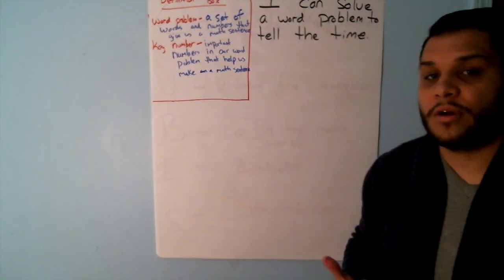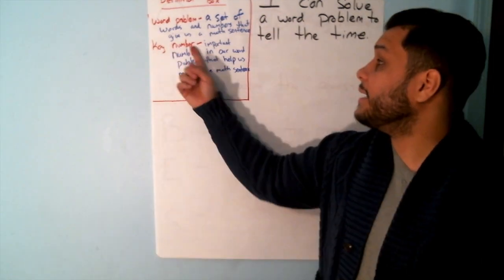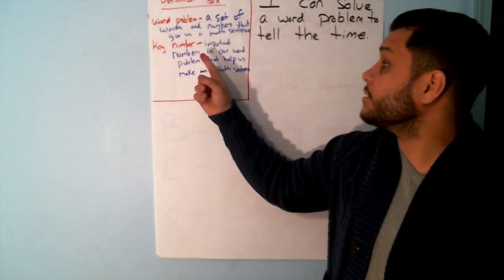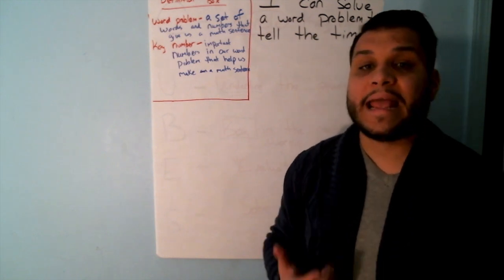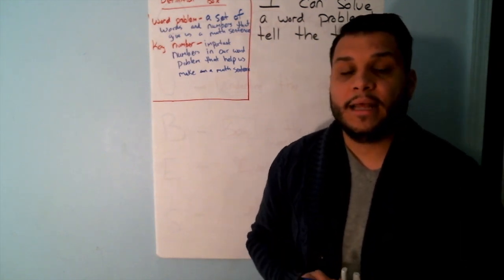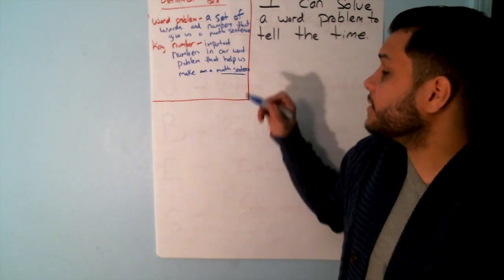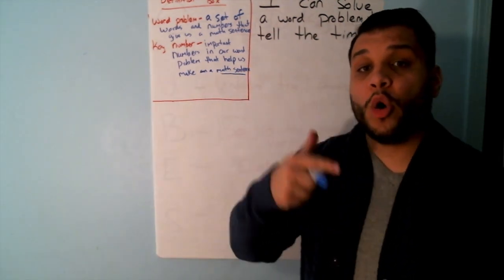I know that's a little long, so I'm going to repeat it again. Key numbers are important numbers in our word problem that help us make a math sentence. And a math sentence can be addition or subtraction.